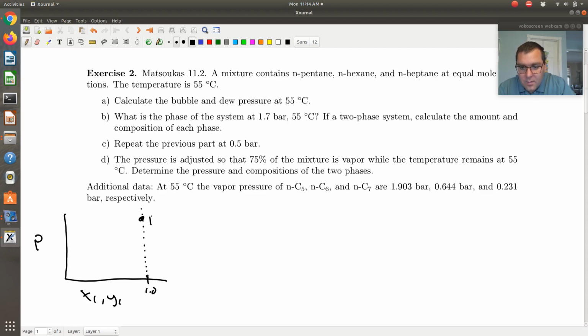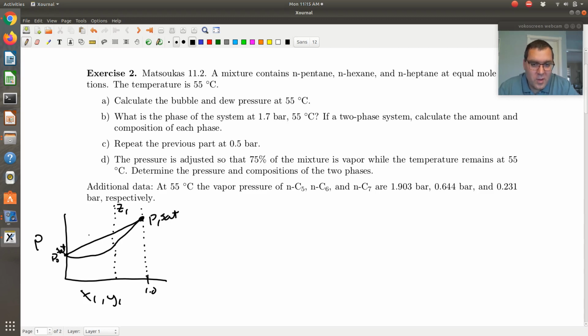If this were a binary system, that'd be P1 sat. Here's P2 sat, and here's my dew line. The basic idea is we're going to know the composition of our mixture. It's equimolar in each component, so I'm going to know z1. The straight line here is my bubble line.